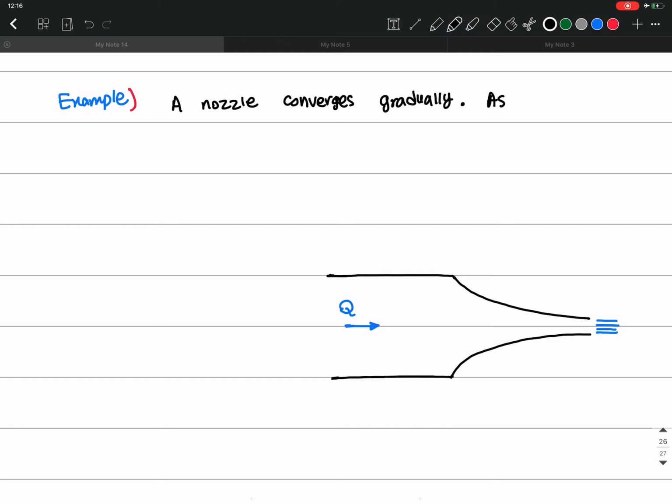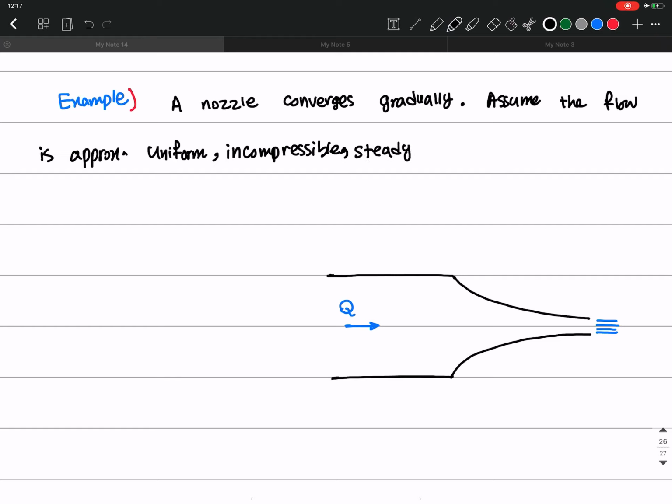Assume the flow is approximately uniform, incompressible, steady, and inviscid.